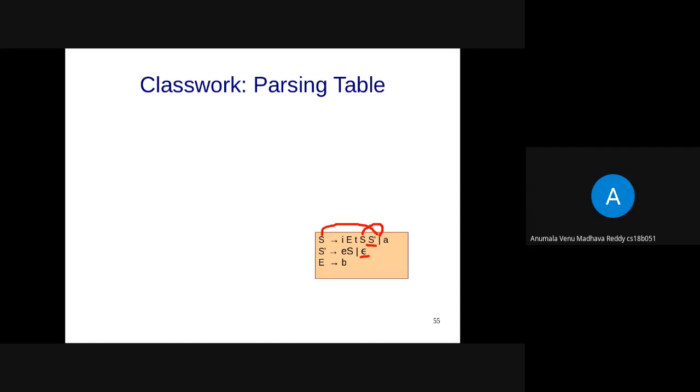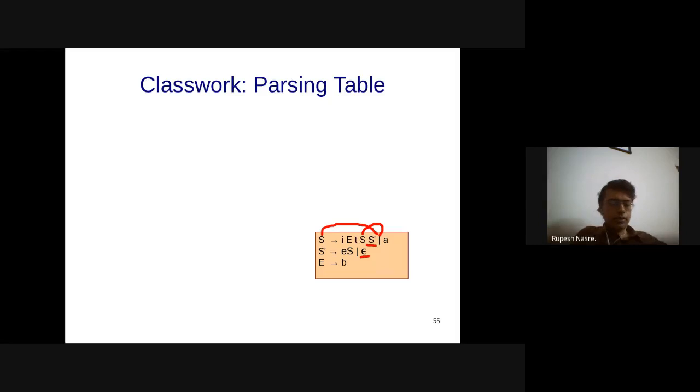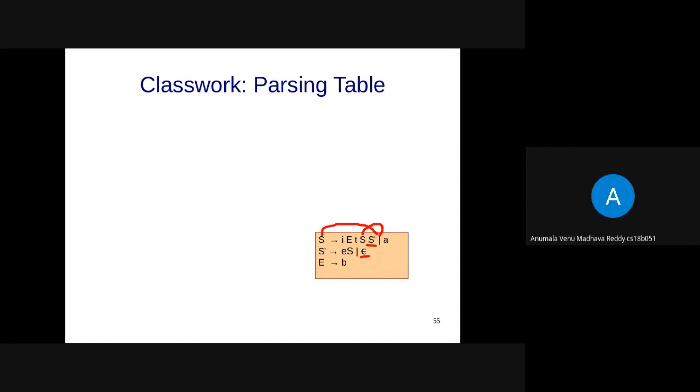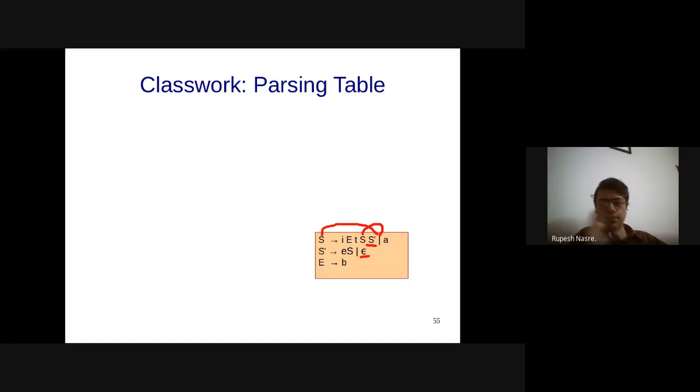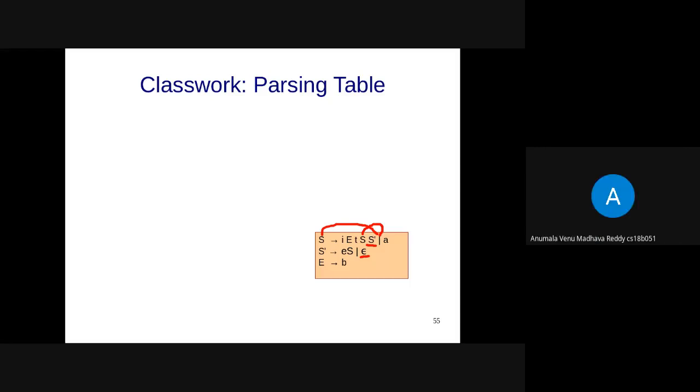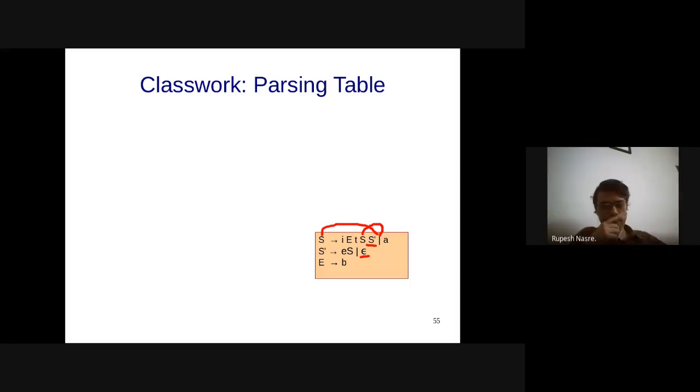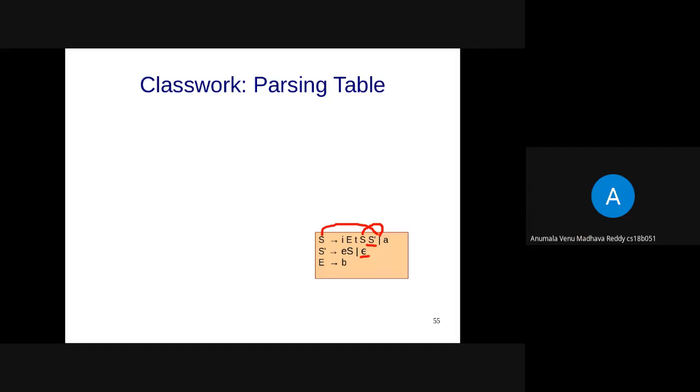Already first of S prime has E, so follow of S prime should not contain E. No. I think the argument that you gave was about the first and follow of A, because A derives epsilon. Here, S prime gives epsilon, and therefore first and follow of S prime should be different. According to first of S prime is E comma dollar. Okay. So follow of S prime should be only dollar, not E comma dollar.